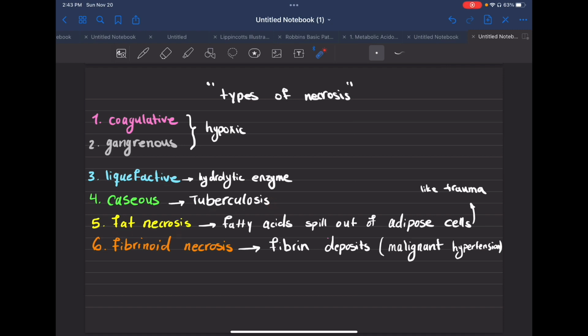Fat necrosis, where fatty acids come out from the adipose cells, usually because of trauma. And fibrinoid necrosis, where fibrin from the blood gets deposited in the walls, and the most common cause is malignant hypertension. Because the pressure in the blood is so high, it makes the fibrin deposit.